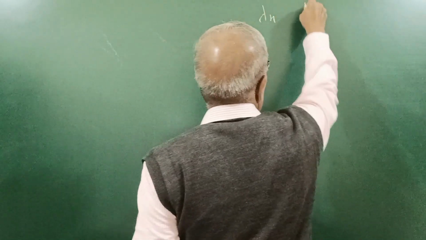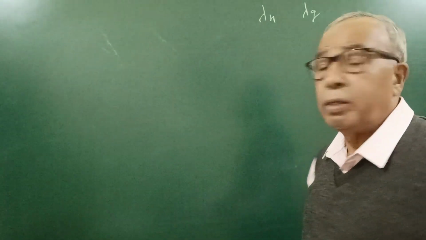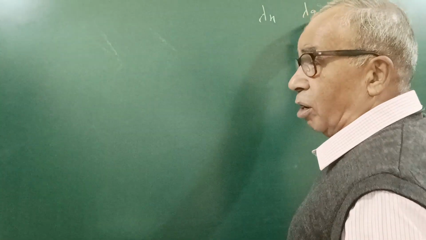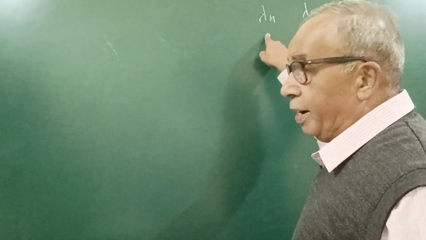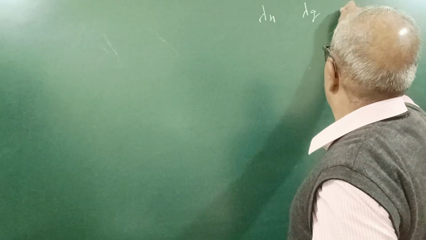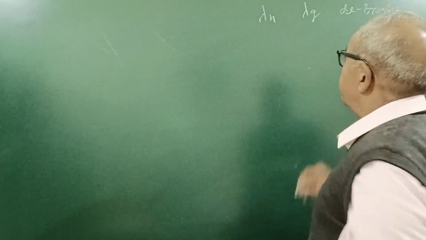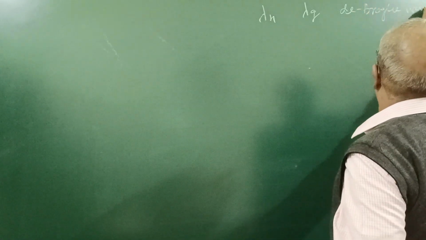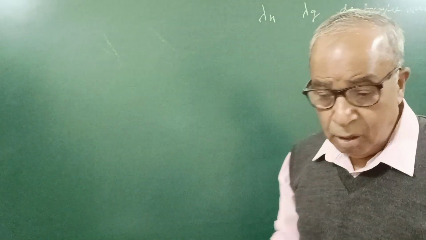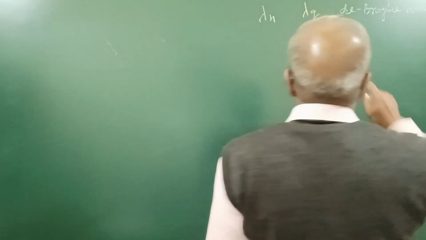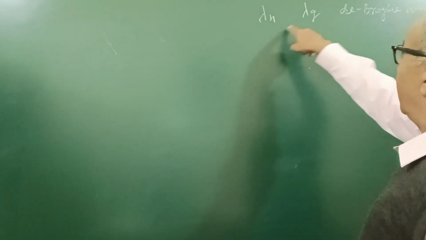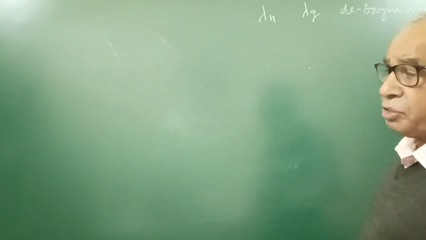Lambda n and lambda g are the de Broglie wavelength of electron in nth state and ground state of hydrogen atom.